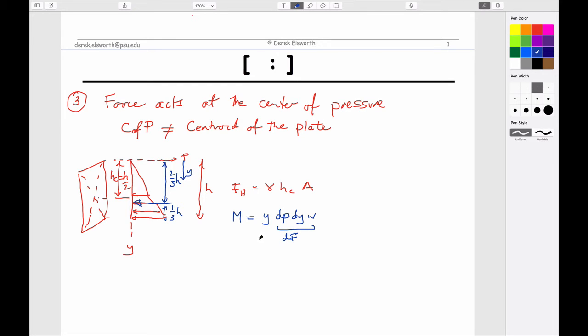And so if we could choose a location here, this would be the location where all the forces acting above this, why don't I change colors just because I can, all the forces acting above this multiplied by their lever arms, balance the forces below. The individual lever arms are just the length away from this point.